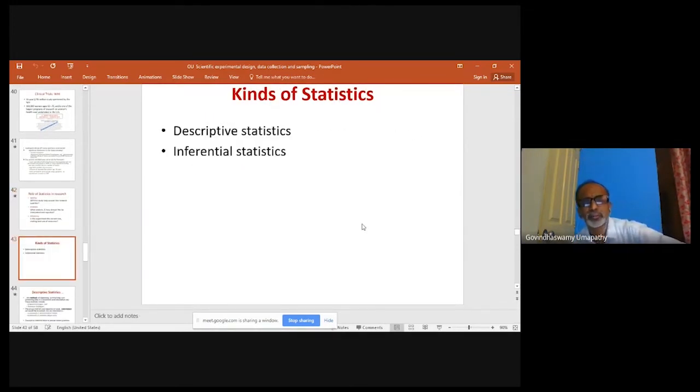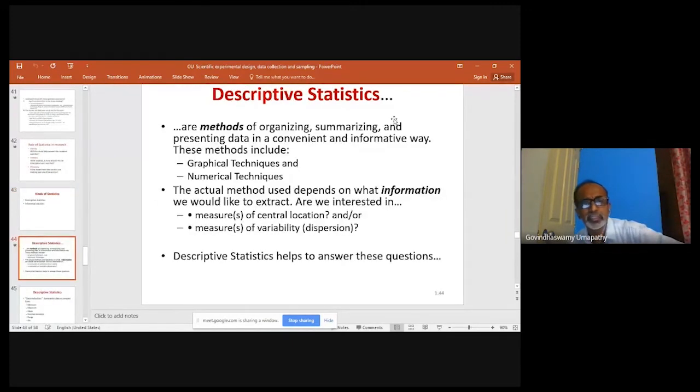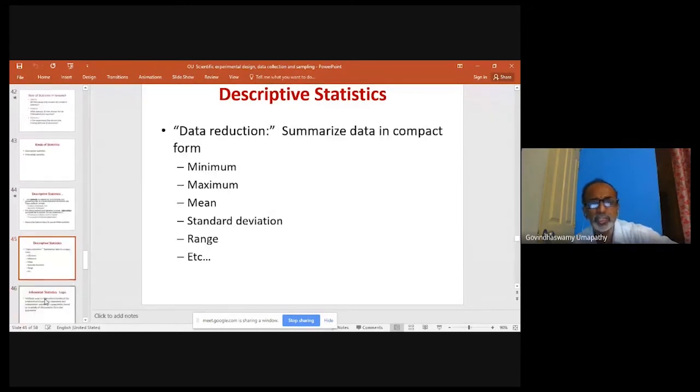There are kinds of statistics, there are tools. I will not go into detail, but I will give you an idea of how statistics are classified: majorly, descriptive statistics and inferential statistics. Descriptive statistics, you know very well, is graphical and numerical data, showing graphs, summarizing information about a particular location, where you have data like minimum, maximum, mean, standard deviation.